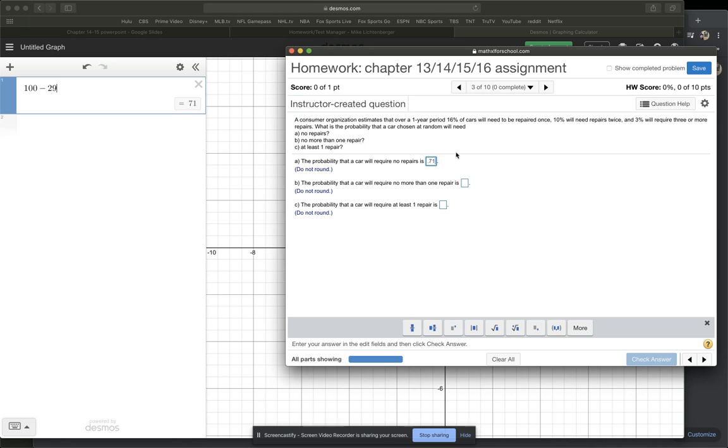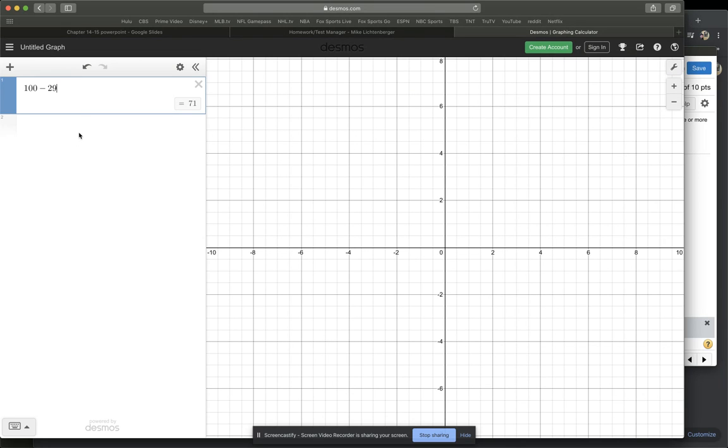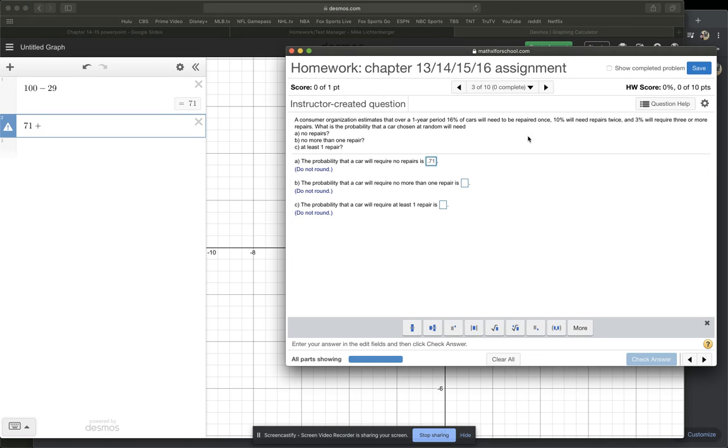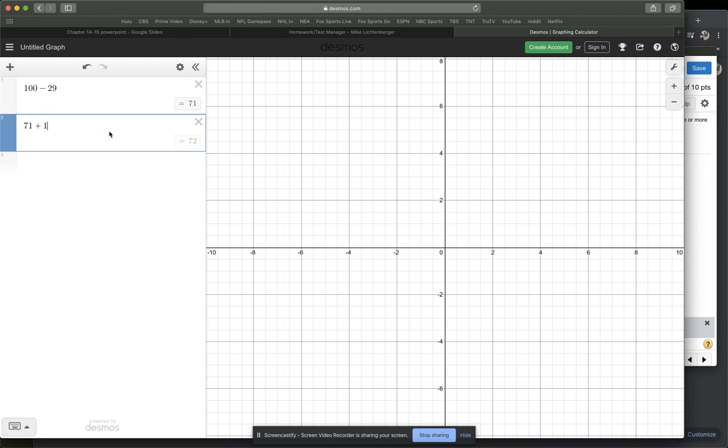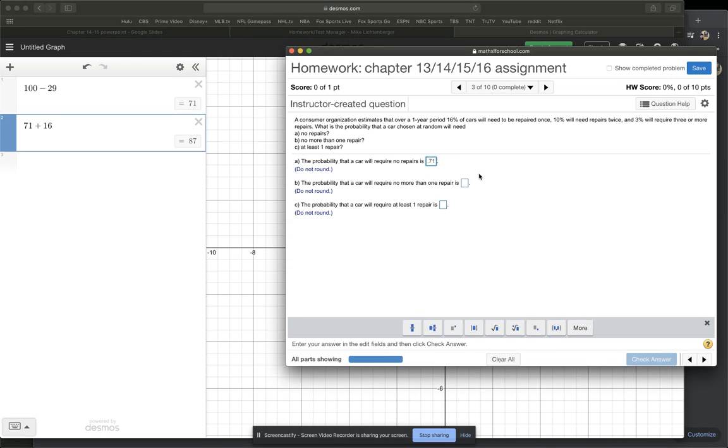So we know that 71% need 0 repairs, and we know that 16% need 1 repair. So that gives us 87% total, or 0.87.